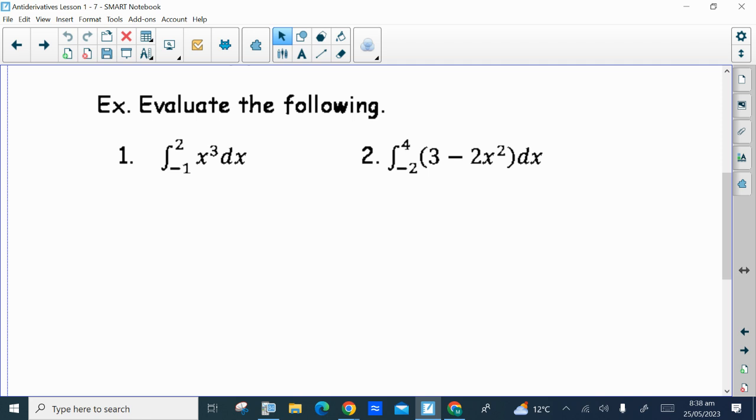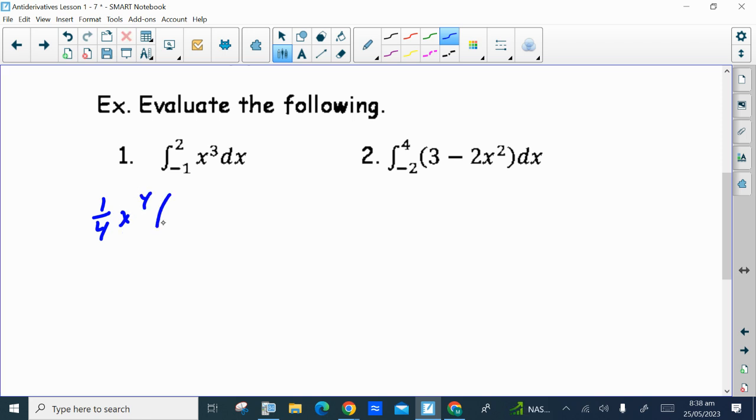Remember, substitution rule is usually only used if you have a product or a quotient that can't be simplified. But these first few are not like that, so we can go straight into finding the antiderivative by adding 1 to the power and dividing by that number. So it'll be 1/4 x to the 4th that we'll evaluate from -1 to 2.